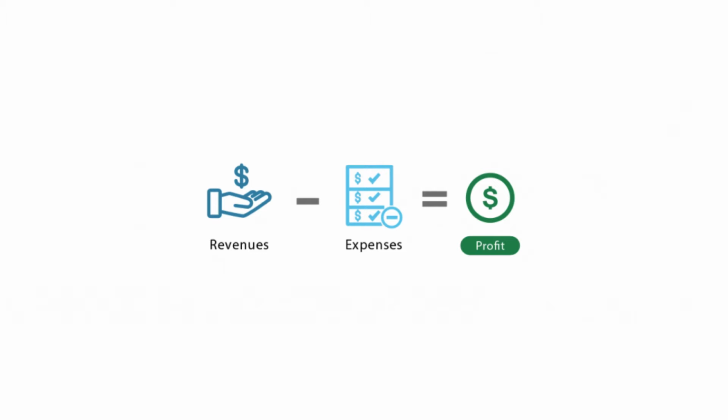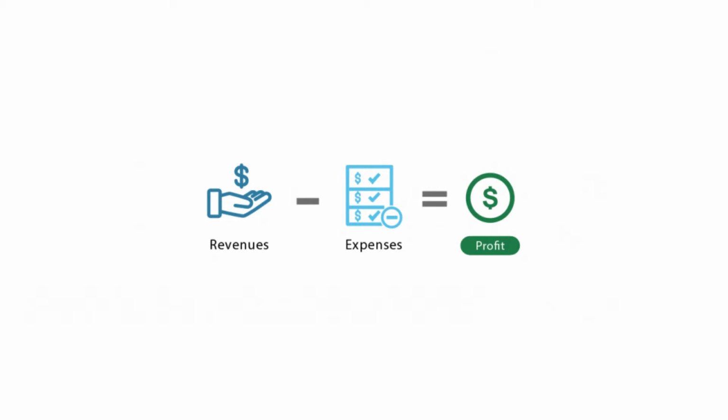A profit and loss statement in its simplest form looks like this. It's designed to answer the question, how much profit did the business make, if any? Revenues are money that comes from selling the product or services. Now, if you have a loan coming into the business or you've collected sales tax on behalf of the state, that's not your money, so you're collecting it on behalf of Washington State.